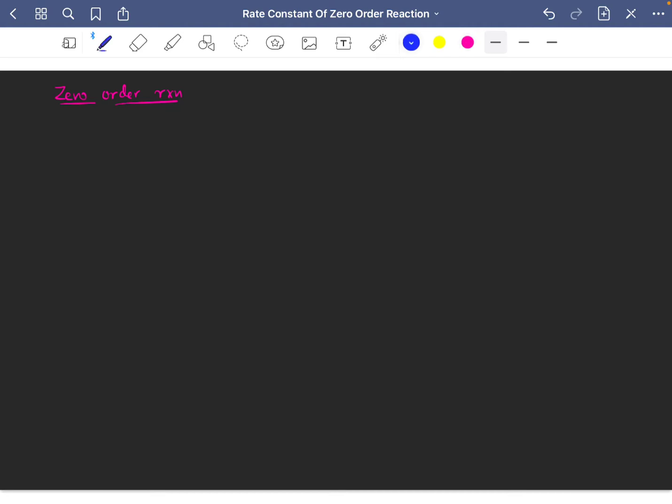So, the definition will be like this: the rate of reaction is independent of the concentration of the reactants is called zero order reaction.